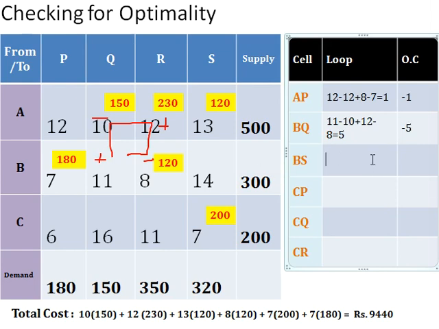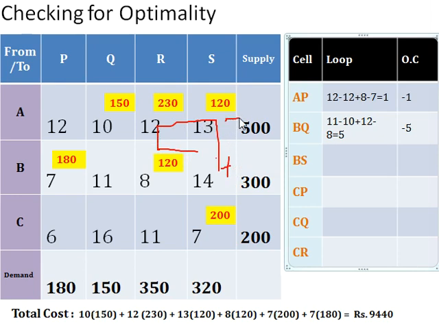Okay, similarly we can calculate the loop value for BS. So let's calculate for this BS cell. If we proceed from here, then what will be our next cell? If we go here, then we can take turn here and again here, and loop is finished.